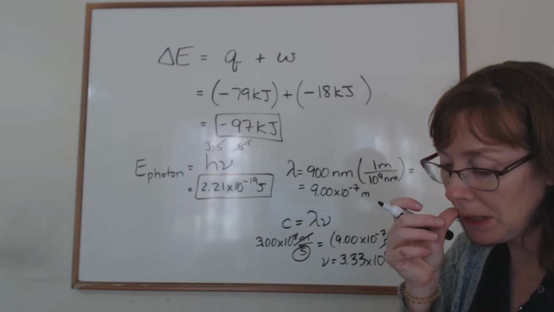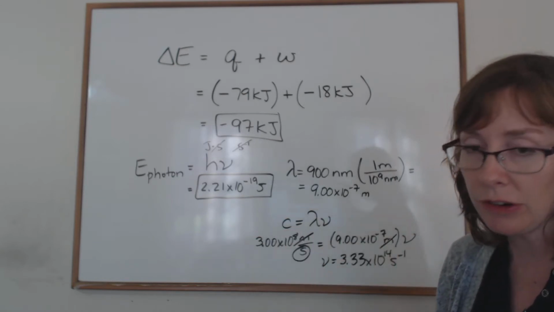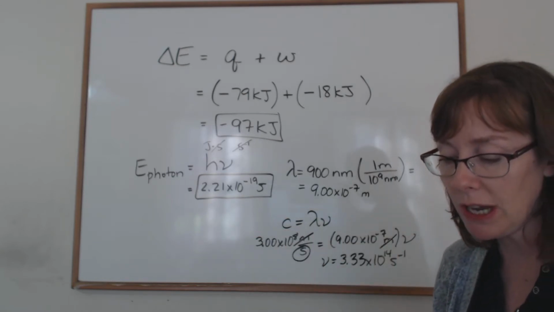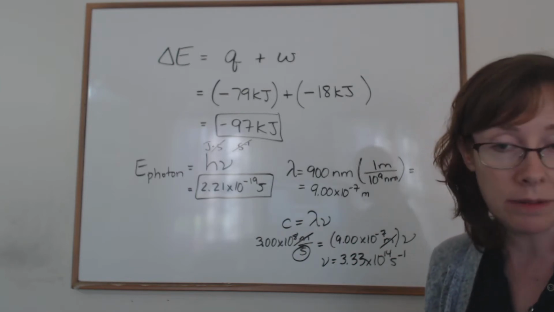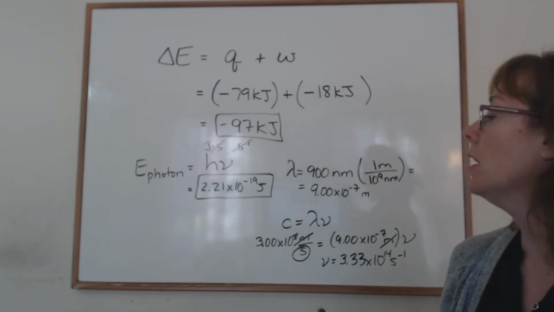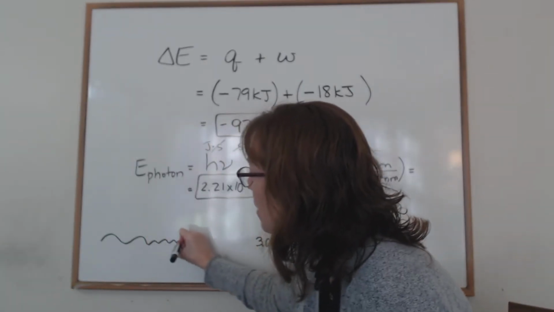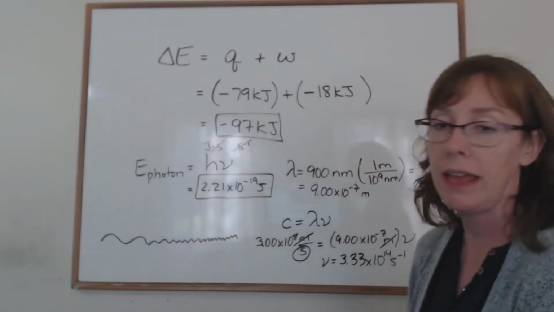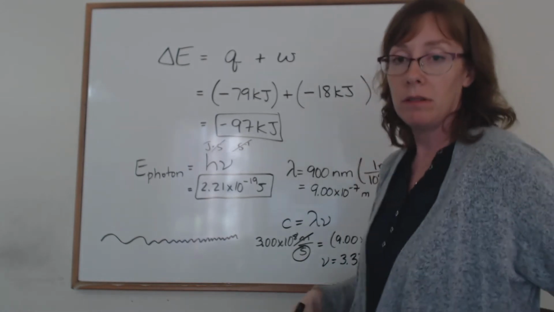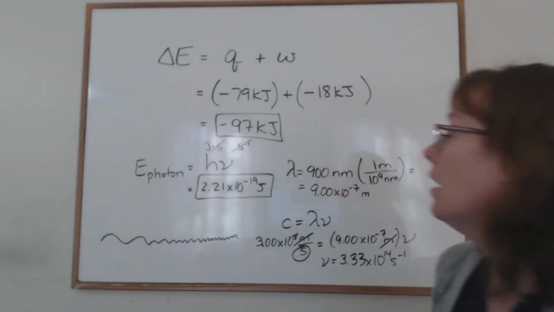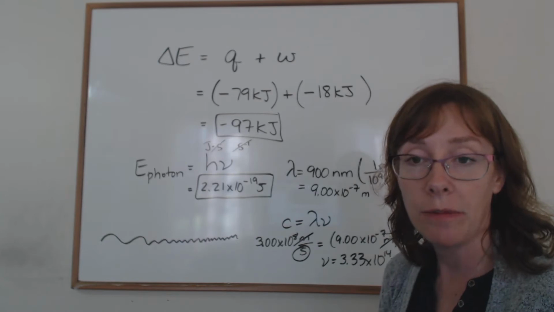So if visible light is between 400 and 750 nanometers, identify which type of radiation this photon is. Okay, so this is just a little tiny question on the electromagnetic spectrum. Remembering that light can come in many different wavelengths and different frequencies.